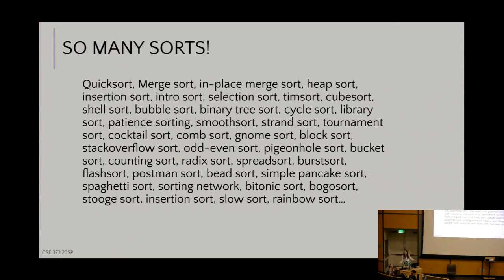Here is a list of some sorting algorithms. I do not know what all of these are, but I put the slide on here in case you are down a YouTube wormhole or something. You could go watch all of these. Some of them, I will tell you, are absolutely jokes. What are some good ones in here? I will say rainbow sort.